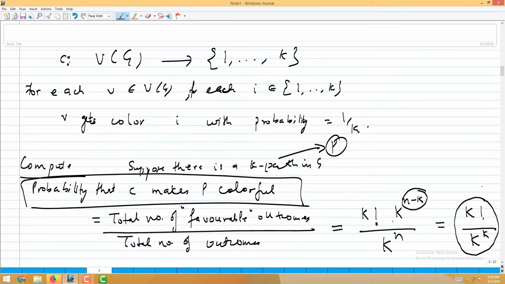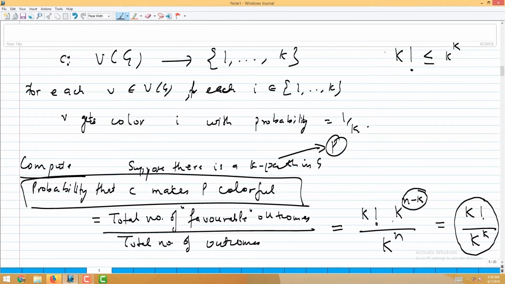Just an upper bound. K factorial is at most anything. I'm just asking, usually when you have a K factorial, you can upper bound it by K power K. That's something everyone knows, right?